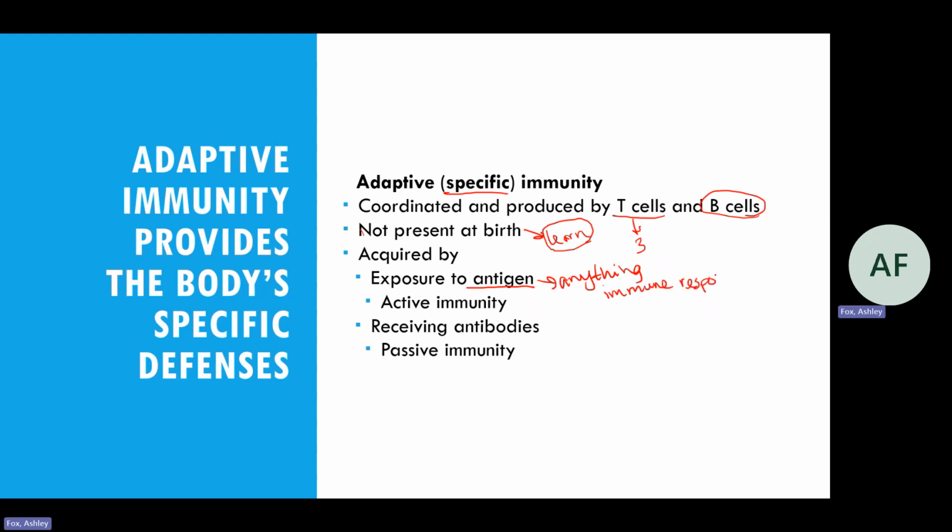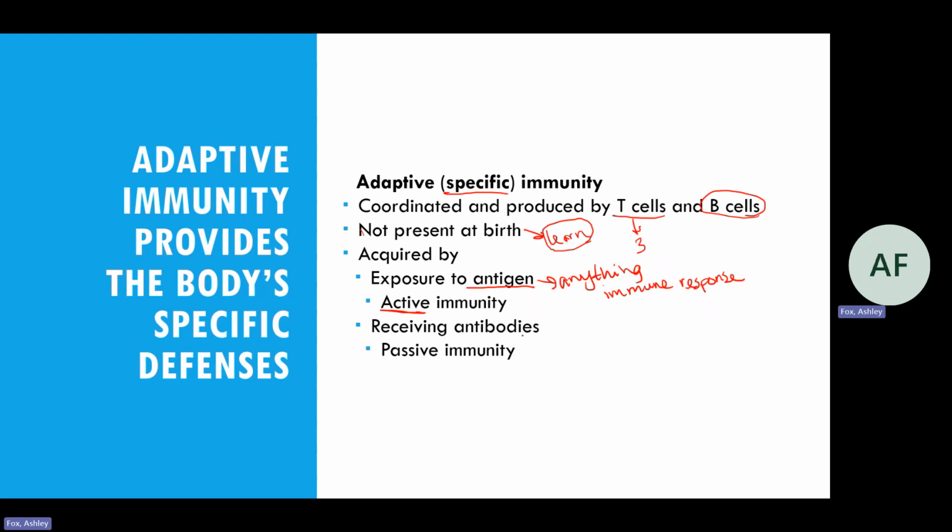As we are getting exposed to more and more antigens in the world, especially as kids, we're having an immune response. And again, we're learning. So this is called active immunity because the immune system actively has to fight against a pathogen.